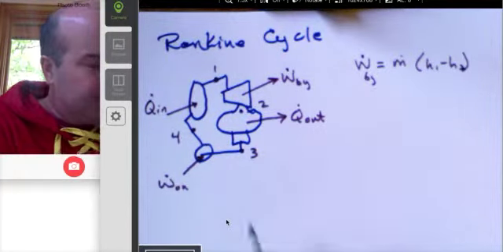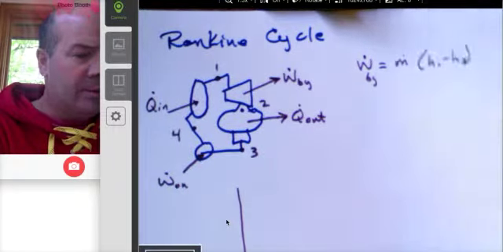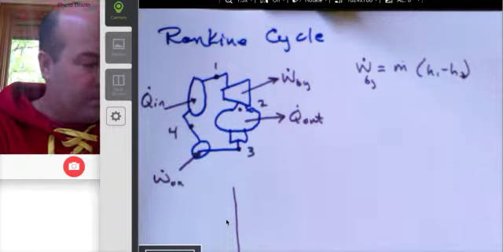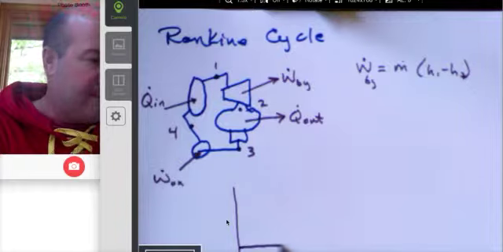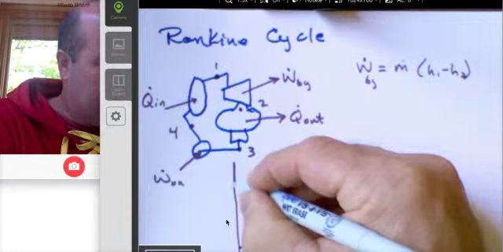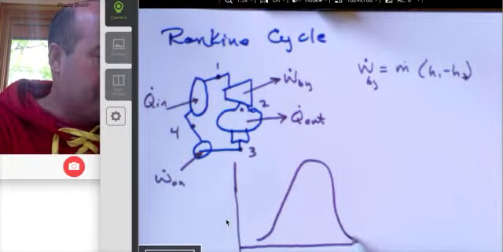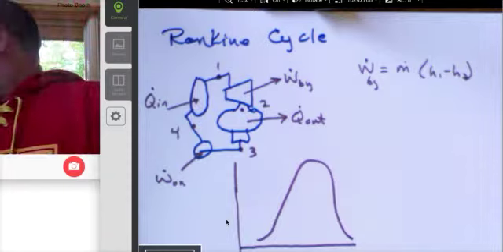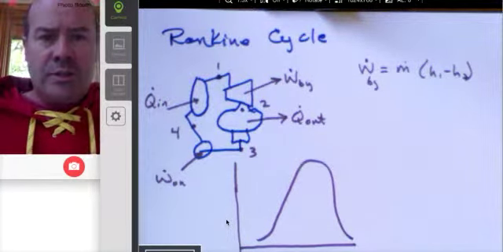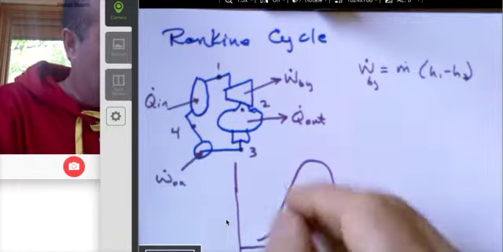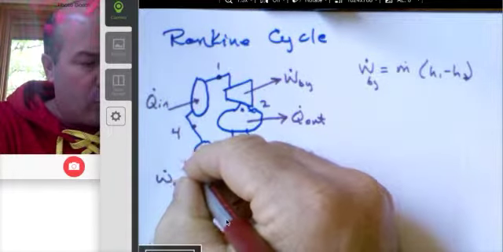All right, well, the best way to visualize any cycle is on the TS diagram. So I will draw a TS diagram here. There are two pressures we consider in a Rankine cycle: a high pressure and a low pressure.